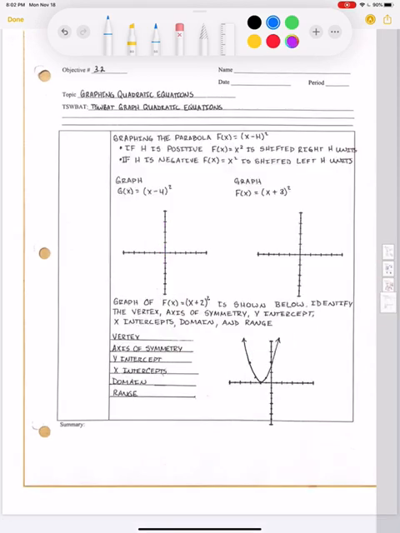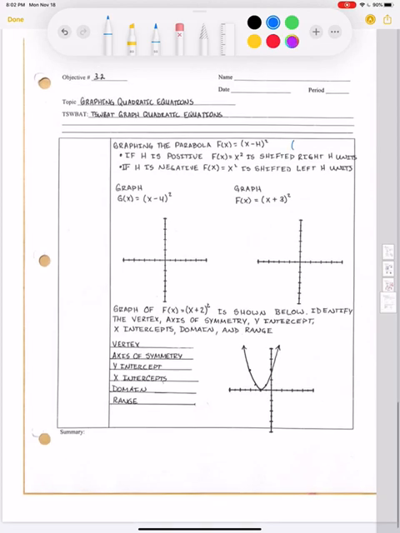This rule says if you have f of x equals x squared minus h, if h is positive, then x squared is going to be shifted to the right. So if you see something like x minus 2, like we just saw, this 2 is actually positive. This sign right here, you have to ignore it.